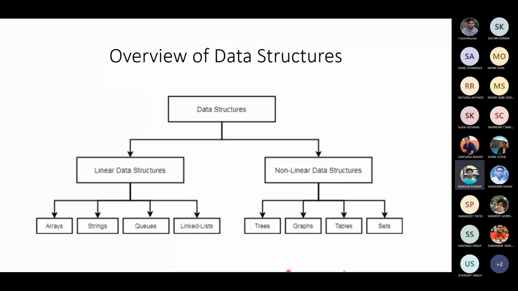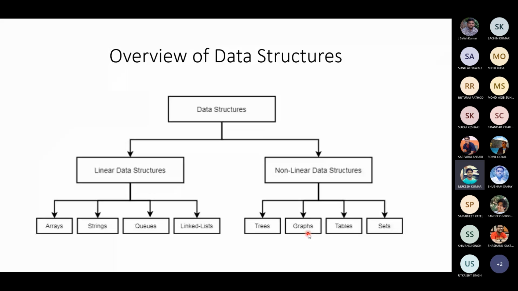But whereas trees, graphs, tables, sets, they are very different. If you see a graph, like Google Maps, if you observe, you go from one source to a destination, and you can go to another destination, you can follow a different set of places. That is one way of visualizing a graph, which is not linear and will not be stored sequentially.